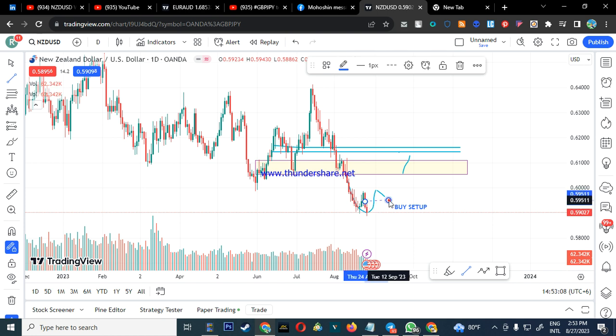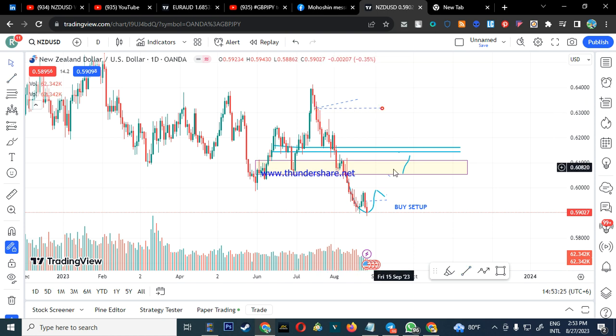After crossing this, you can take a buy from here, and TP will be like that, this point TP. So after crossing this, you can take the entry from here and TP like that, or TP this point. So here you can set up two buy points.